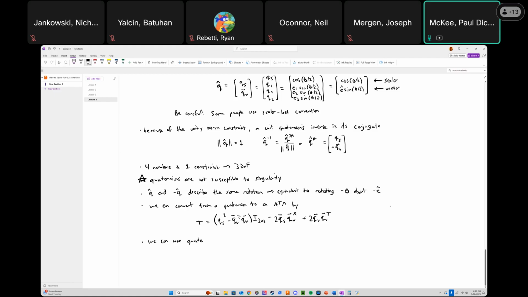We can use quaternion multiplication, oh, sorry, misread my notes. We can use the quaternion multiplication operator when we have sequential rotations.